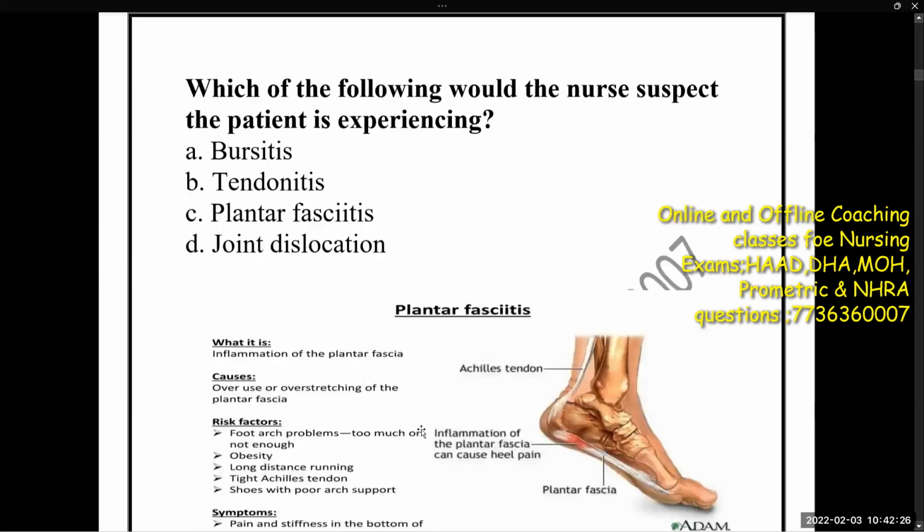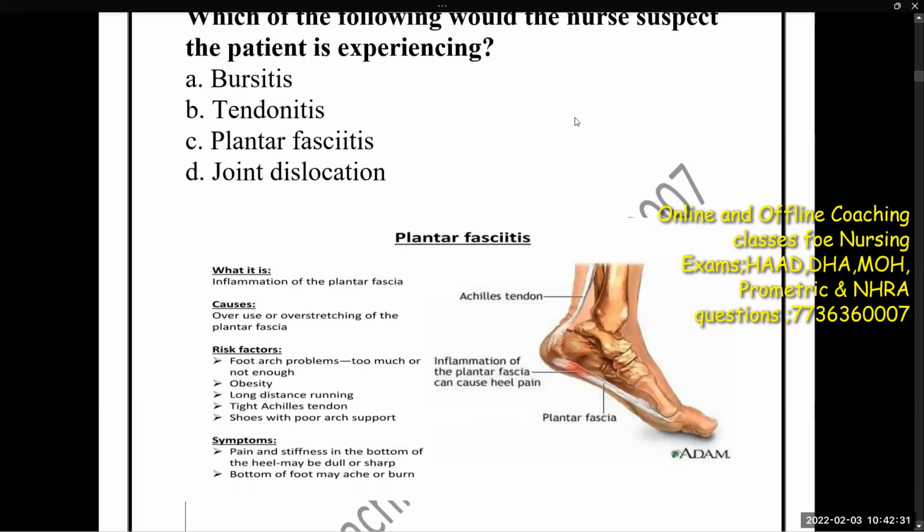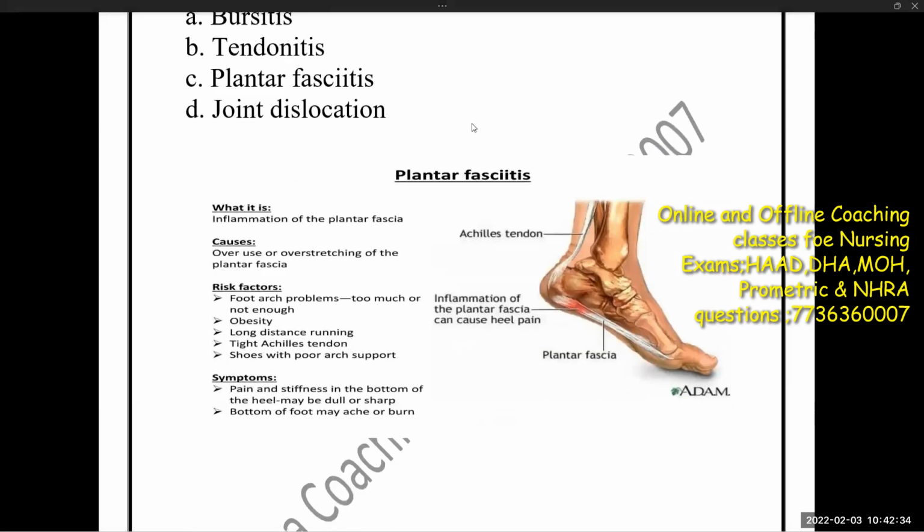Okay. So what is plantar fasciitis? Look at this. This is plantar fasciitis. Plantar fasciitis is inflammation of the plantar fascia, caused by overuse or overstretching of the plantar fascia.